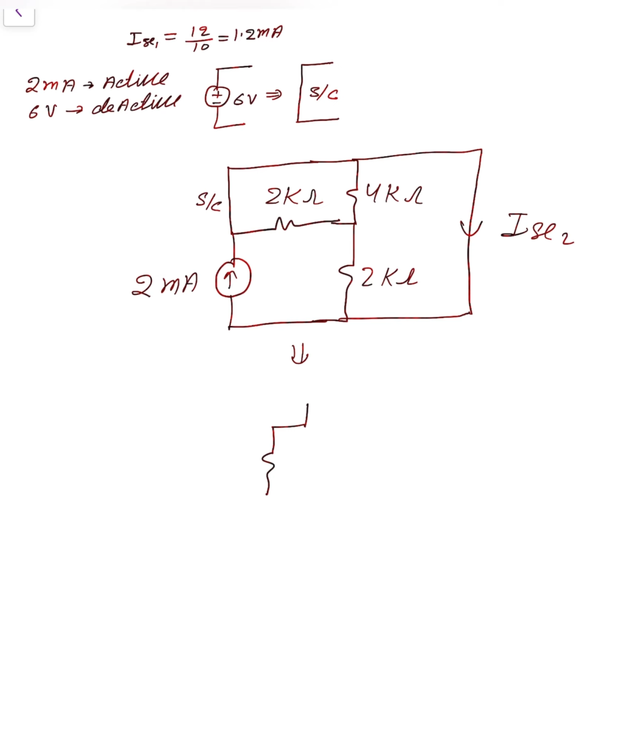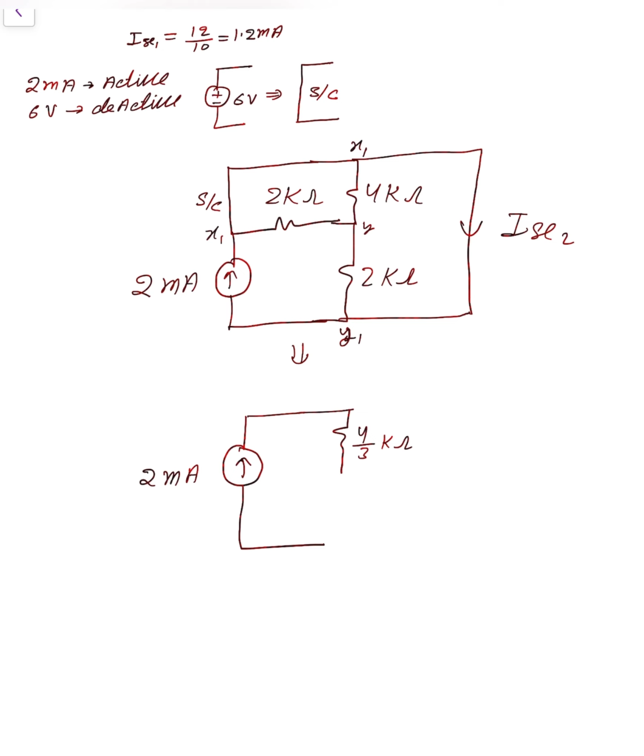So the combination of these two, 8 divided by 6, is 4 by 3 kilo ohm.